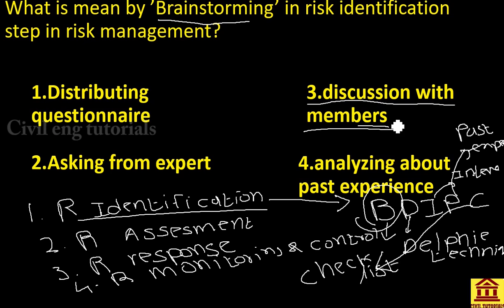Discussing with the members means it may be our team members, the client, the consultant or stakeholders, all of these members. So the brainstorming management system means a discussion with members. This means members include all of the parties regarding the project.